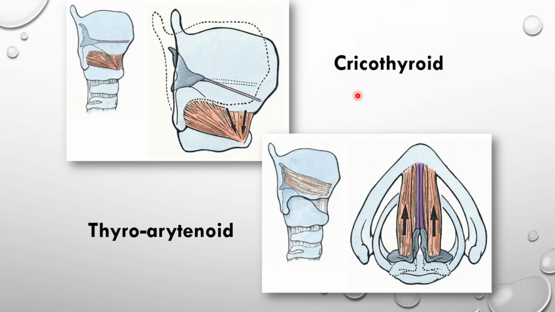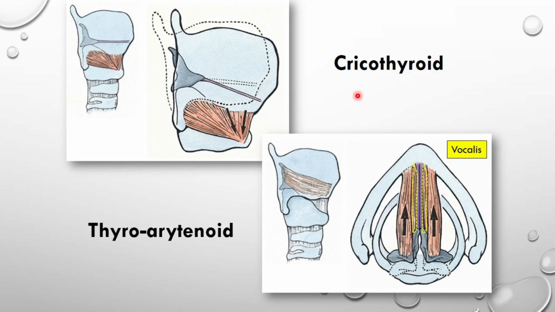So now you can see why damage to the recurrent laryngeal nerve, unilaterally or bilaterally, would have such a profound effect, because all but one of the intrinsic laryngeal muscles are supplied by that nerve. And it's these muscles that are allowing you to speak properly, or produce sound properly.